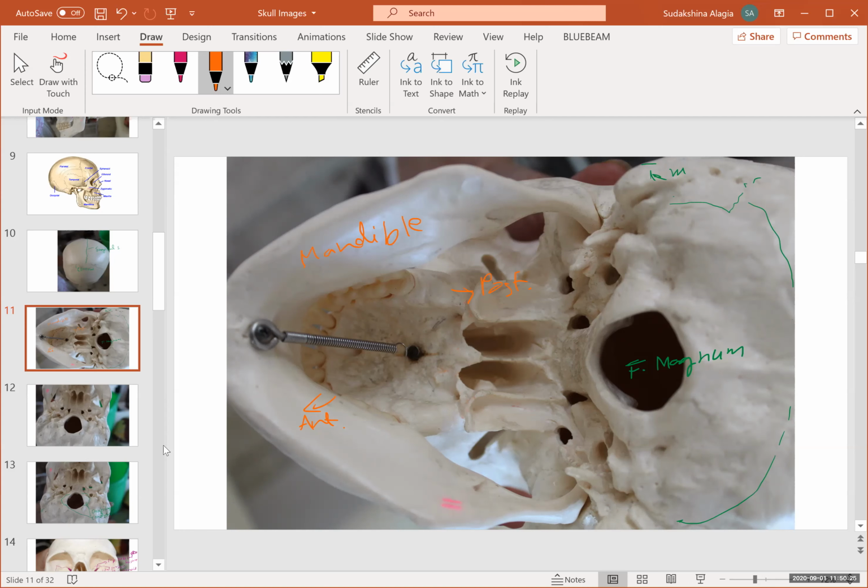The palatine bone basically articulates with the sphenoid. It is the deeper part of your palate, the roof of your mouth. So basically, this here, right there. These are the two palatine bones.